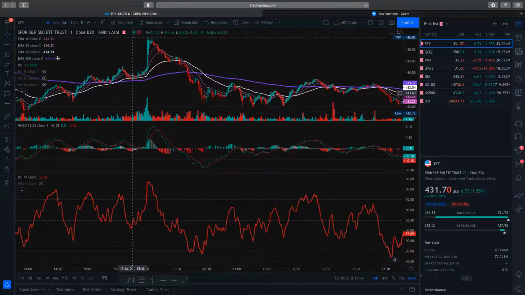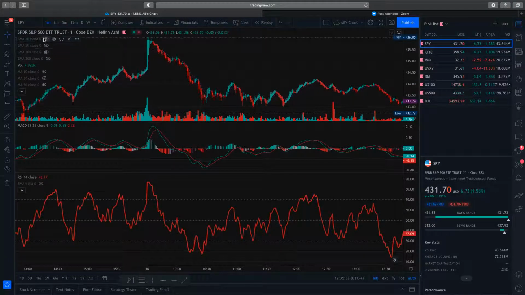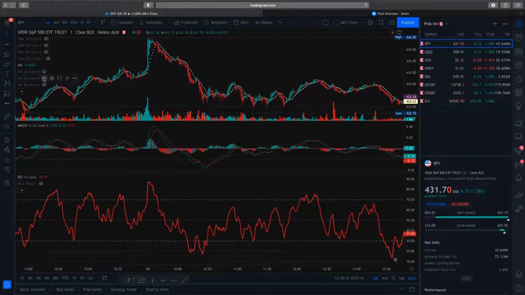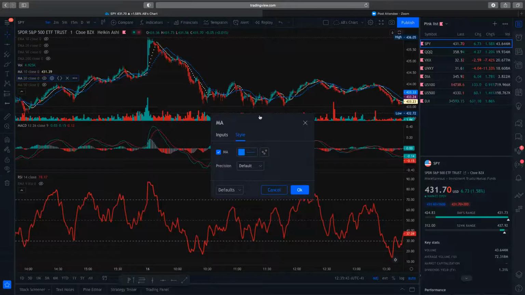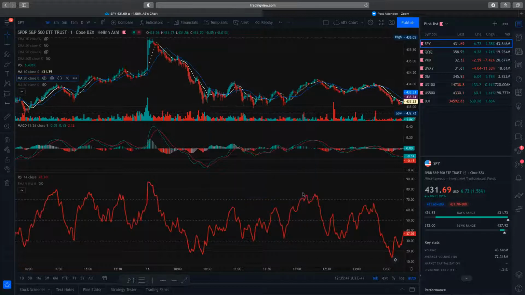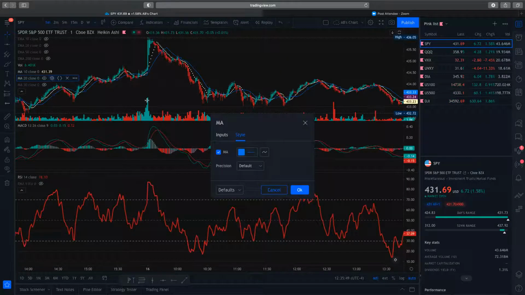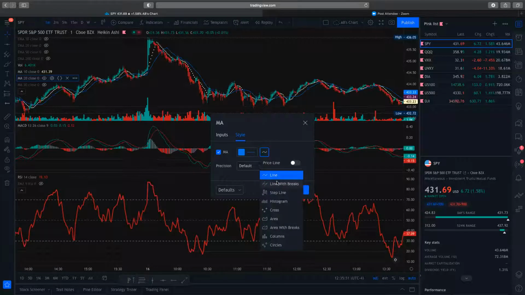Let's see. I'm going to pull up the SMAs too. I feel like I've given the EMAs all of our time today. All right, so here are our simples. Let me change these to lines so you can see them. We're going to do a 10, a 20, and a 50. I don't want dots anymore.